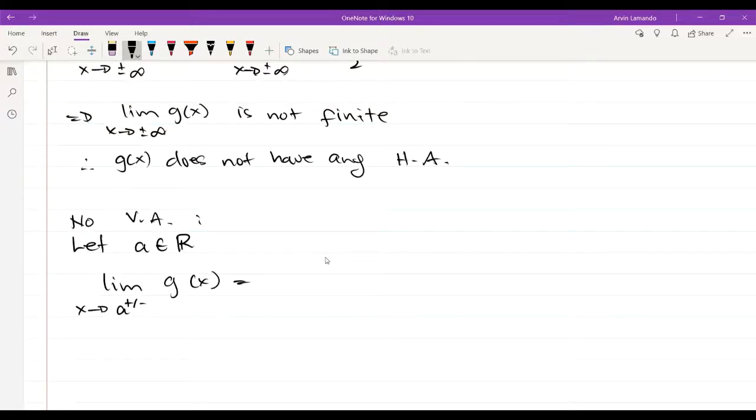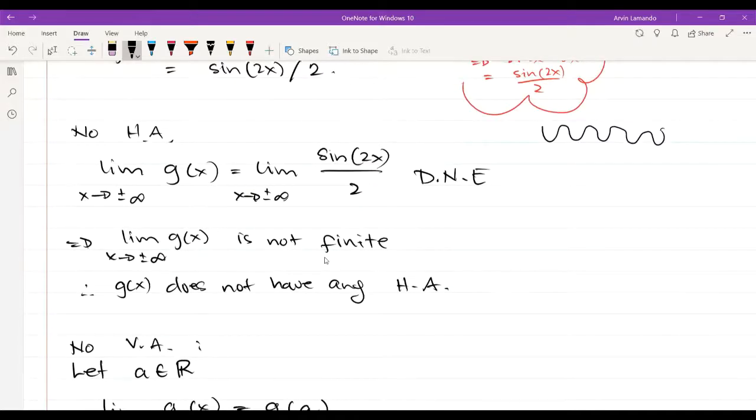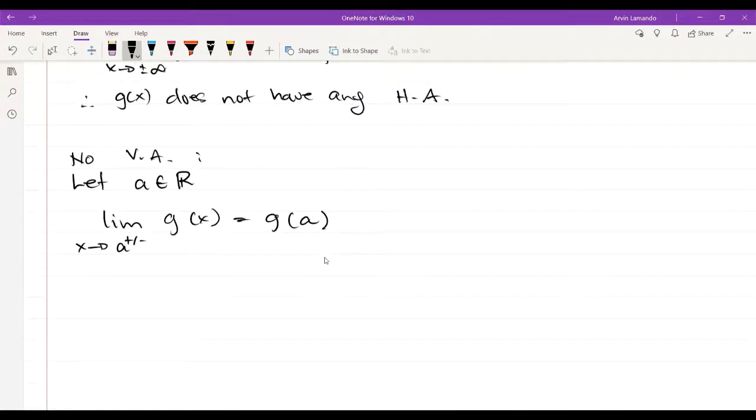Okay, so because g is continuous everywhere, of course, the sine function, as you may recall, is continuous everywhere. Therefore, the limit of g of x as x approaches a from the left or from the right is just g of a.